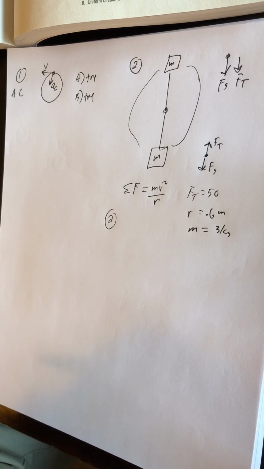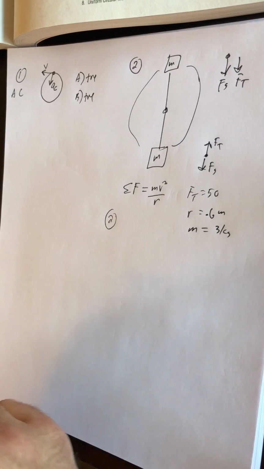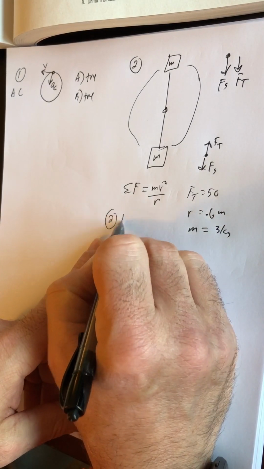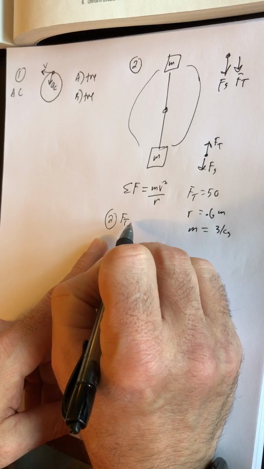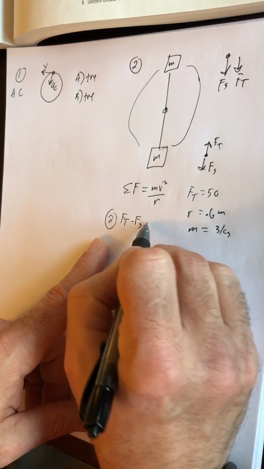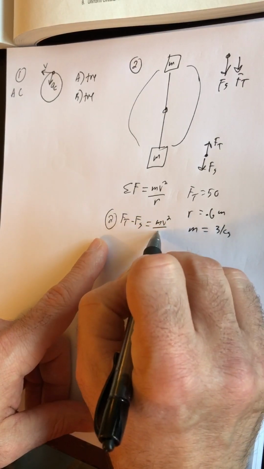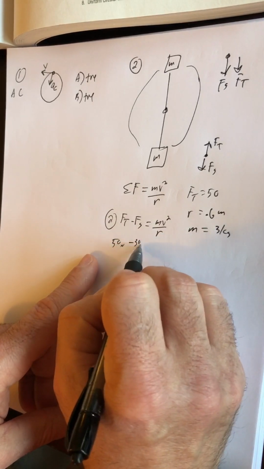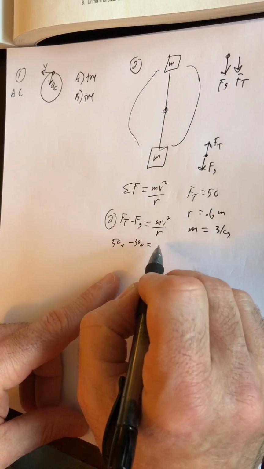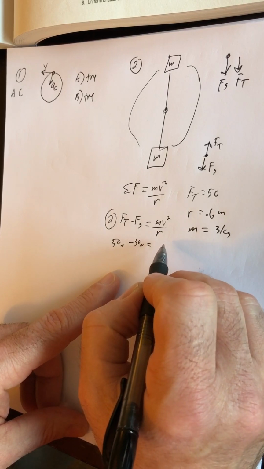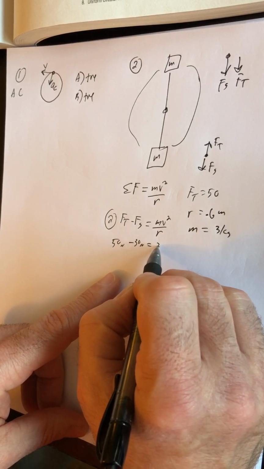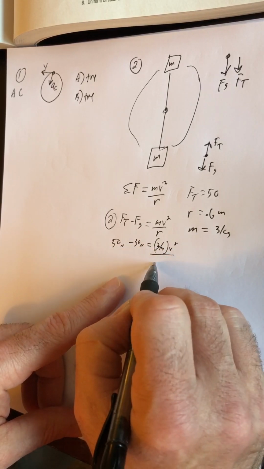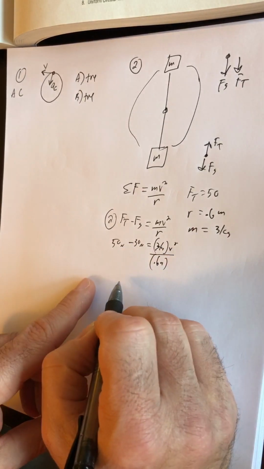So in number two, we're talking about at the bottom, we want the speed of the bucket. So at the bottom, I have the force of tension positive minus the force of gravity is mv squared over r. So I have 50 newtons minus 30 newtons equals 3 kilograms times v squared over the radius, which is 0.6 meters.